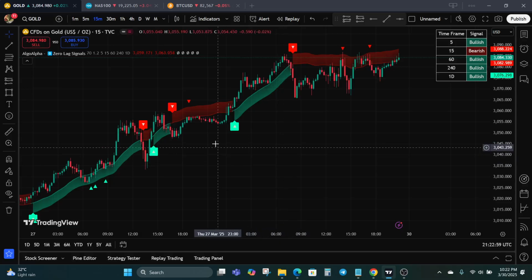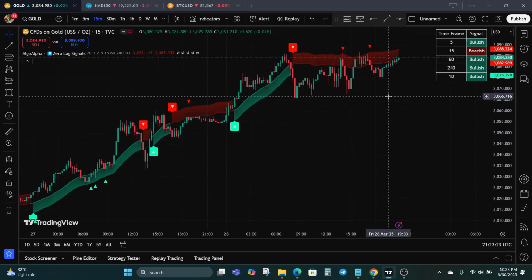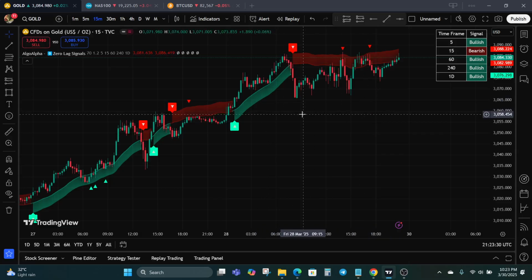However, the zero lag trend signals indicator is designed to eliminate that lag while still providing good trend direction. Okay? So now, by using a sophisticated smoothing formula, this indicator reacts almost instantly to price changes, making it a great tool for fast-paced trading.